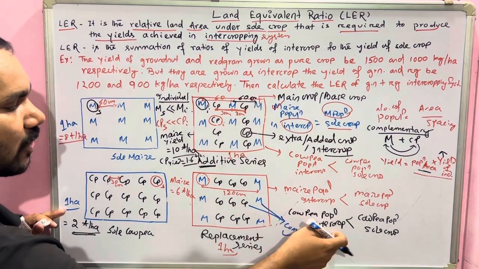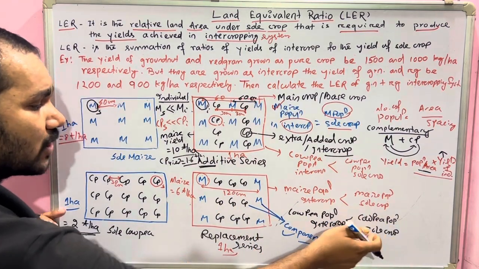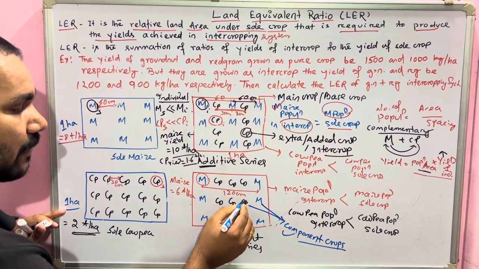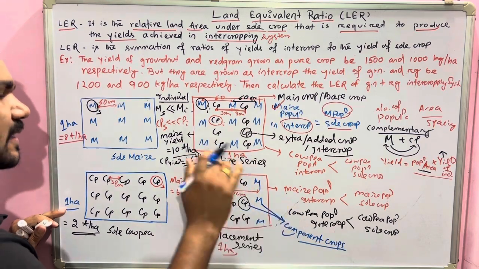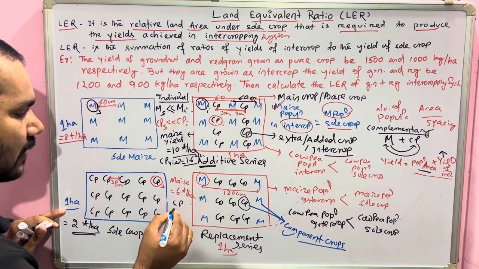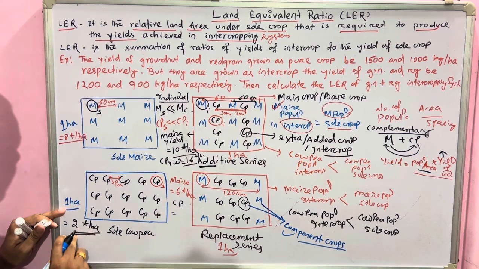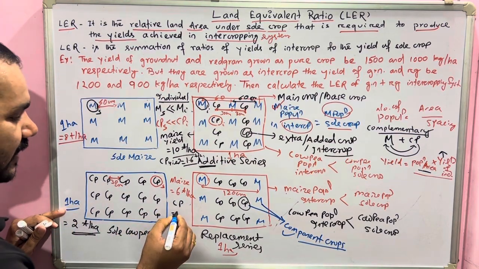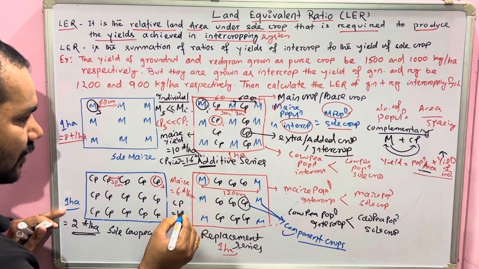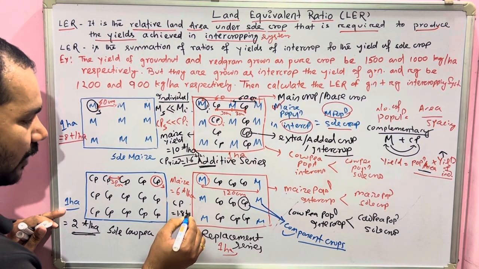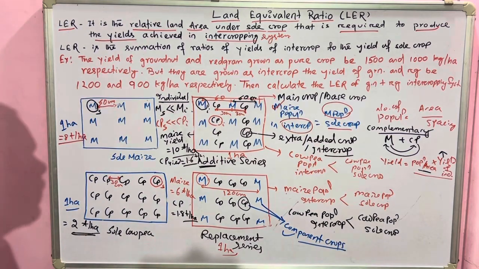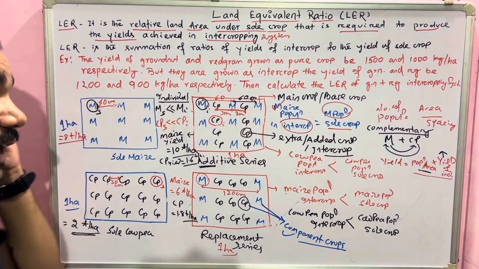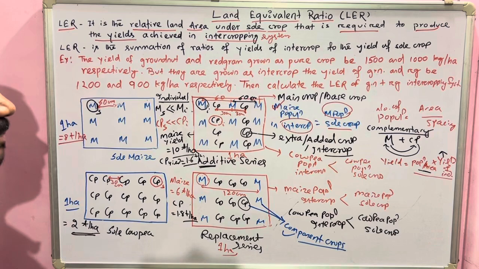Sir, the cowpea population of the intercrop is less than that of the sole crop. Though the individual cowpea yield will be increased because of the complementary nature, the cowpea here also gives less than the sole crop yield. Suppose it is 1.6 ton per hectare or 1.8 ton per hectare. Okay, I hope you can understand the concept behind additive series and replacement series.